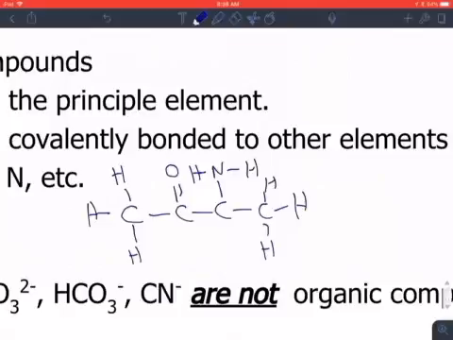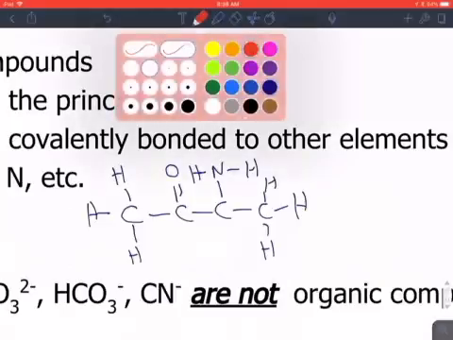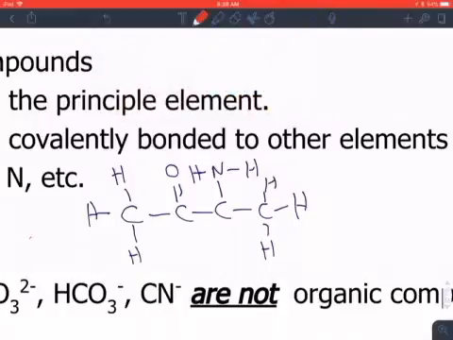The other thing you can notice is that the carbon here is always bonded with 4 bonds. 1, 2, 3, 4. This one here, 1, 2, and then 3, 4 with the oxygen. This guy here, 1, 2. Oops, I'm missing one on this one. This is a mistake.